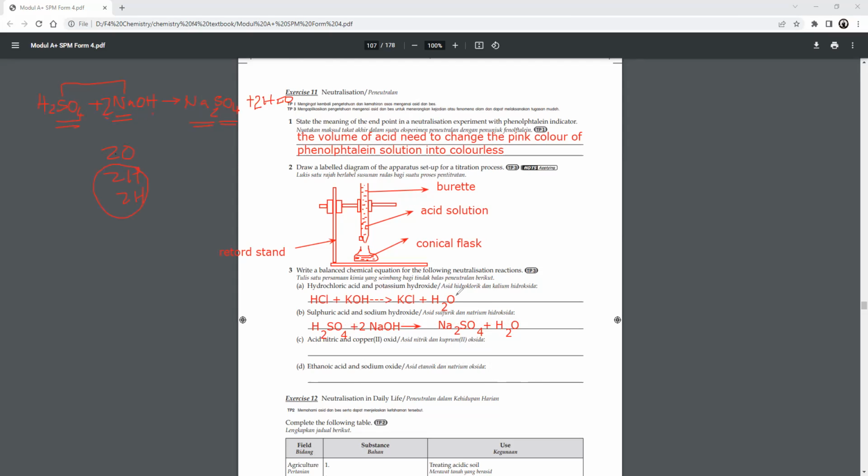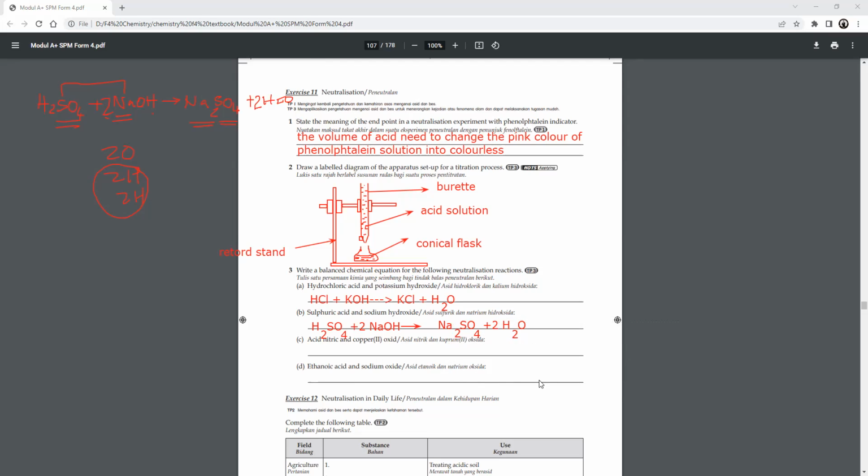Now I don't know how to add in here. So I need to have 2 here. Are you okay with here?